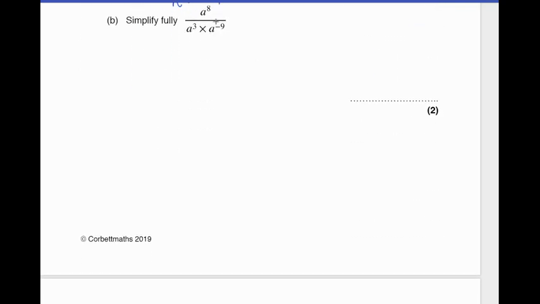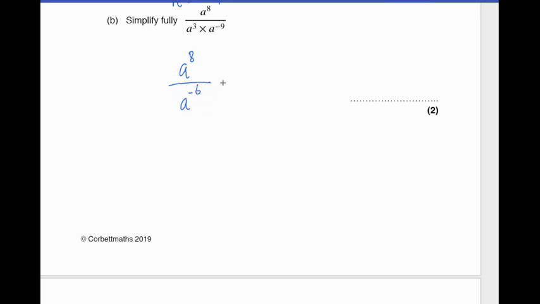We want to simplify a to the power of 8 divided by a to the power of 3 times a to the power of -9. Well, we have a to the power of 8 over, let's simplify the bottom. Well, 3 plus -9 gives you -6, so we have a to the power of -6.